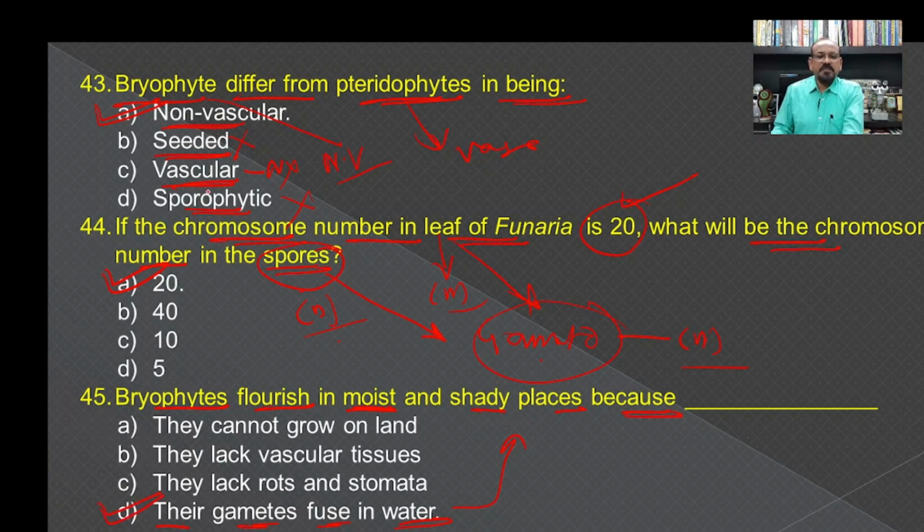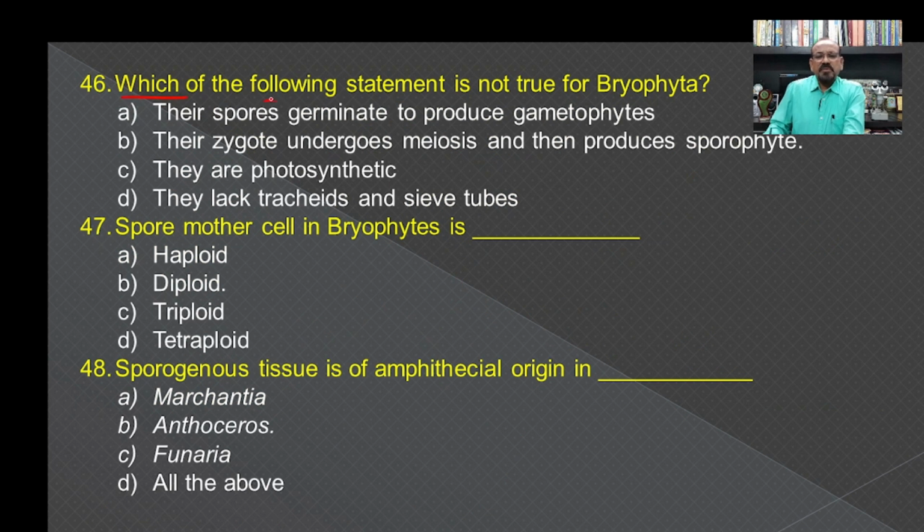Then, which of the following statements is not true for the Bryophyta? Their spores germinate to produce the gametophyte, that we have seen earlier, is correct. Their zygote undergoes meiosis and then produces the sporophyte is wrong; the sporophyte produces the spores by meiosis.